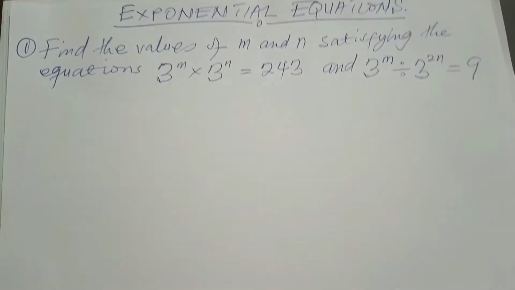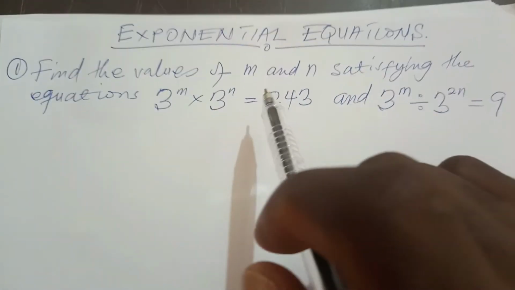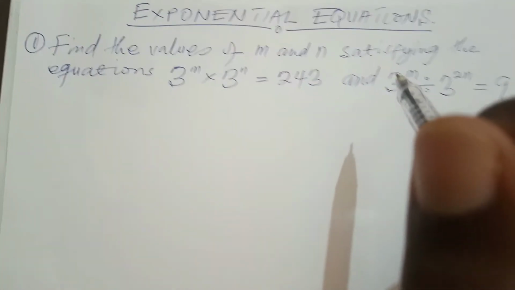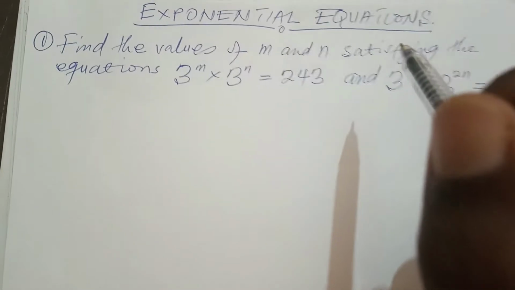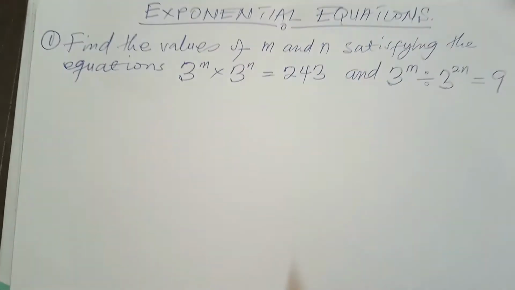Here, because we have two variables, m and n, and two equations, this should give us a hint that this is going to involve simultaneous equations.